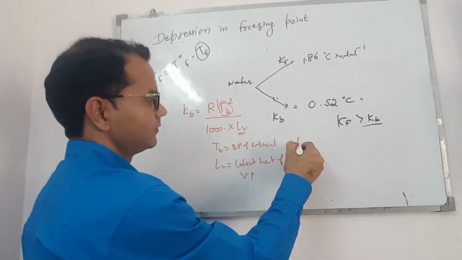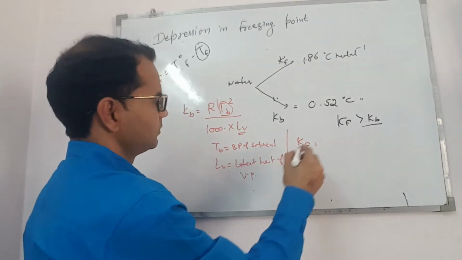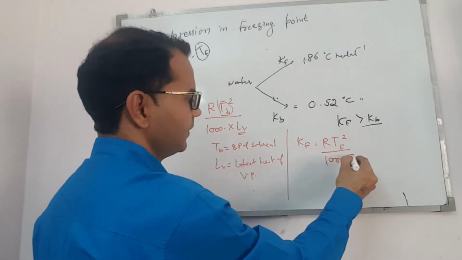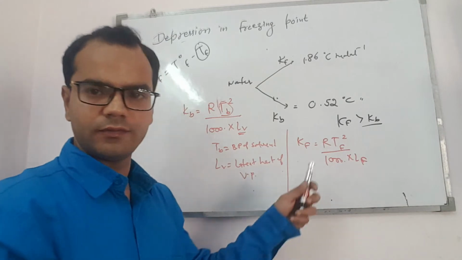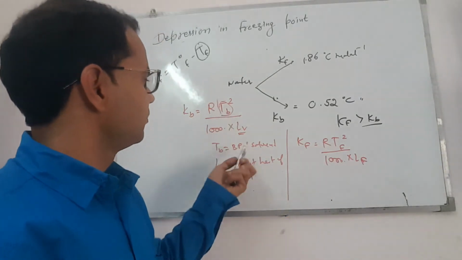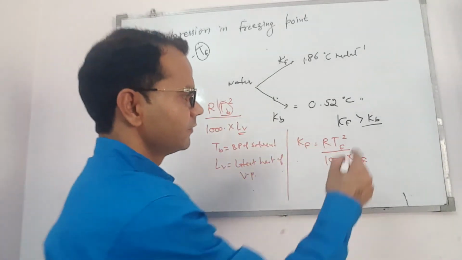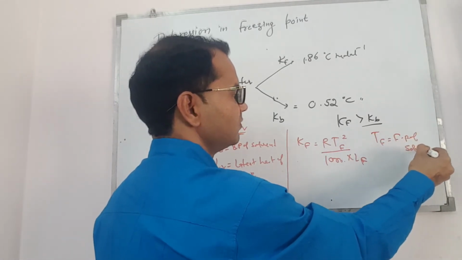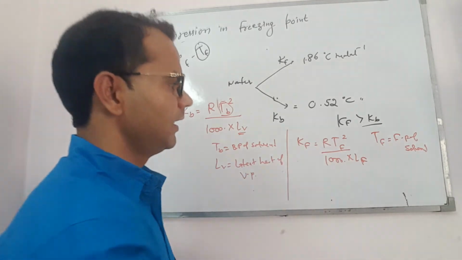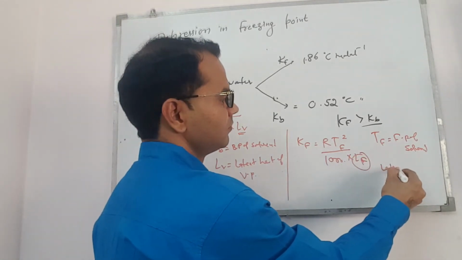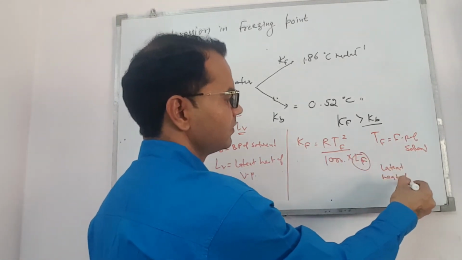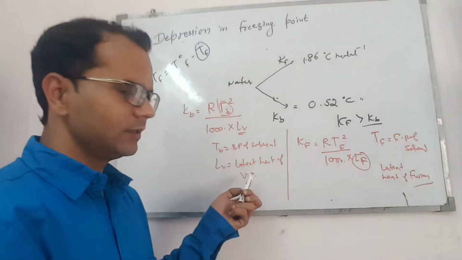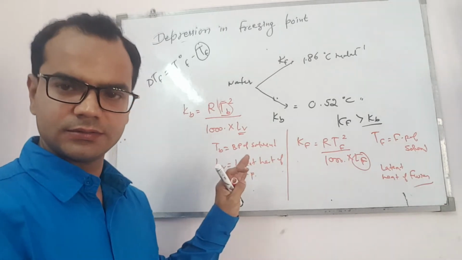And Kf is R TF square by 1000 into LF. TF, freezing point of solvent. LF, latent heat of fusion.